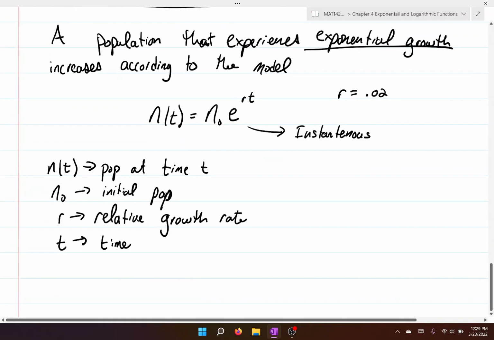All right? So real quick, just to write things down, N of t is the population at time t, N sub 0 is the initial population, r is the relative growth rate, t is going to be time.